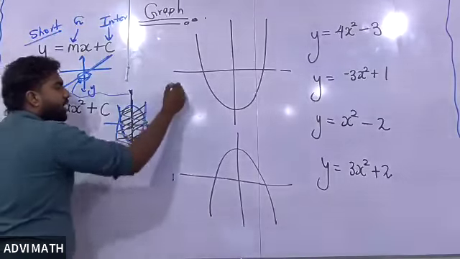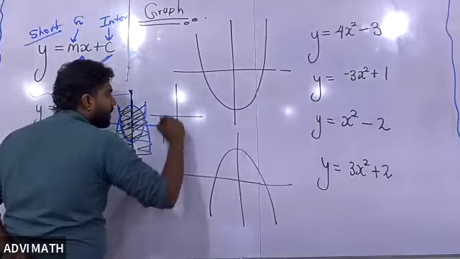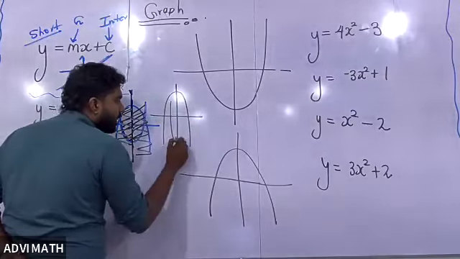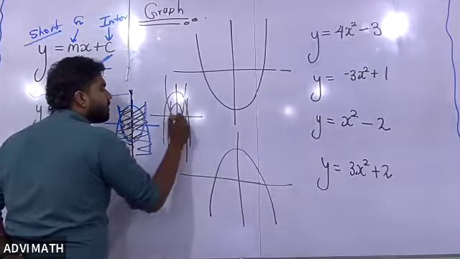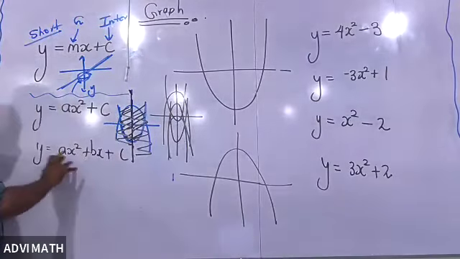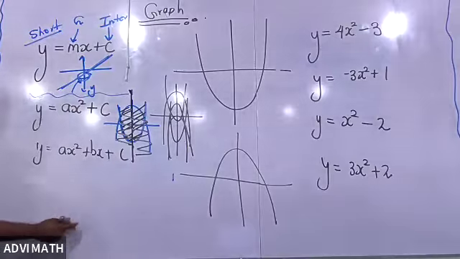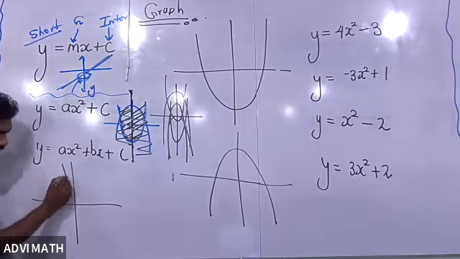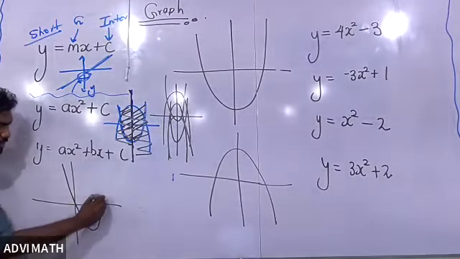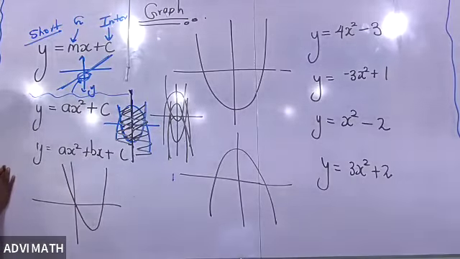That means in your grade 10 you always study graphs which are symmetric about the y-axis itself. Your turning point will always be on your y-axis. When you come to grade level, the scenario is totally different, where you have your graph moving away from the y-axis.